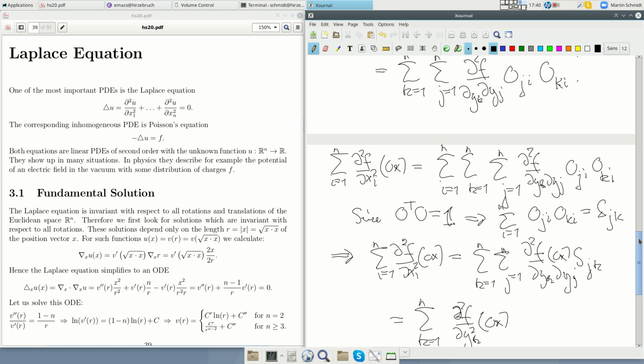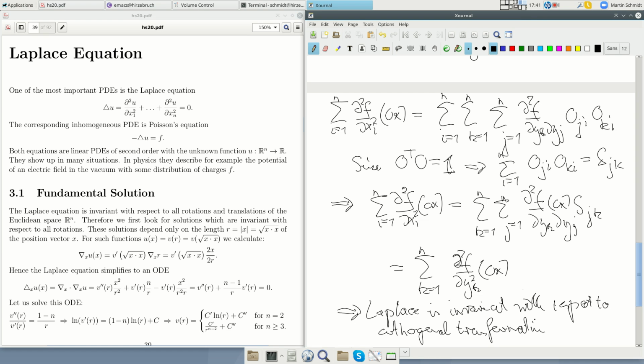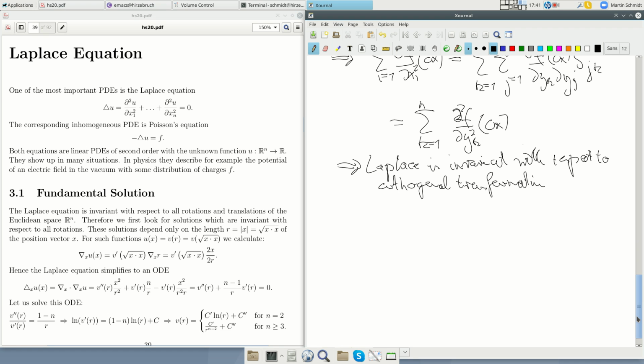But this calculation shows that the Laplace equation is invariant with respect to orthogonal transformations, in particular all rotations.